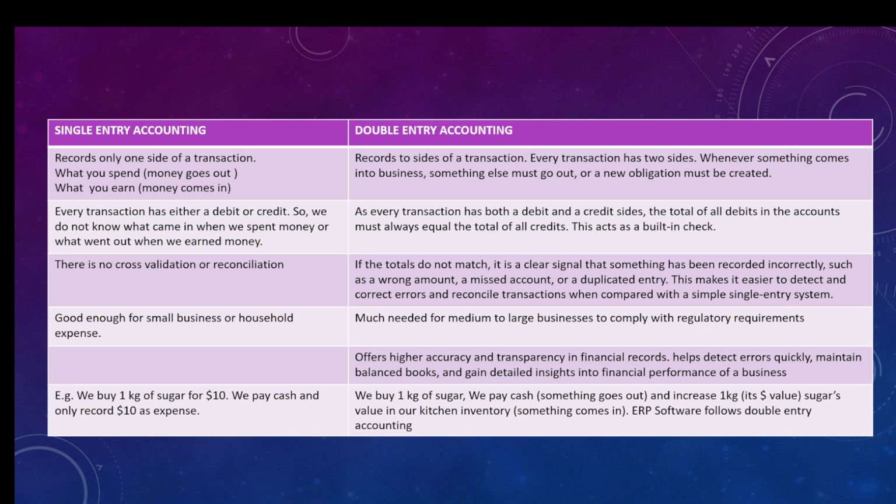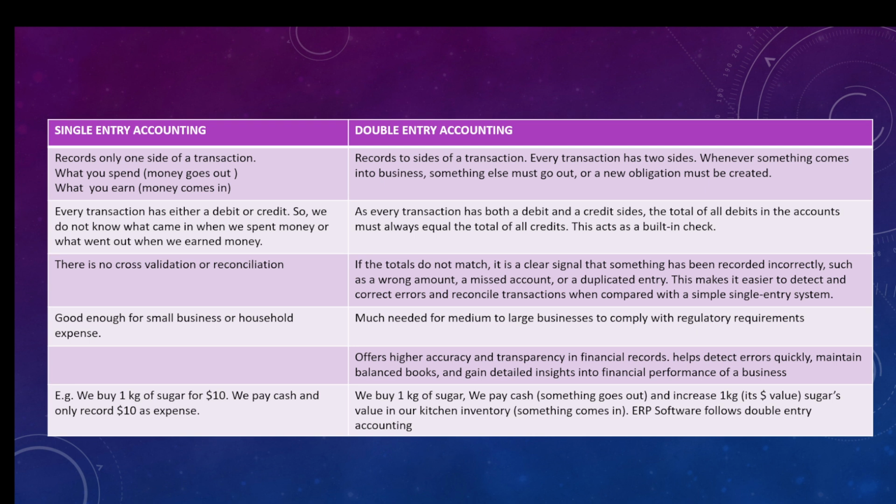Whereas in a double entry, what you do is you record two sides of a transaction. Every transaction has two sides. Whenever something comes into the business, something else must go out, or a new obligation is created. In single entry, every transaction has either a debit or a credit. We do not record what comes in.